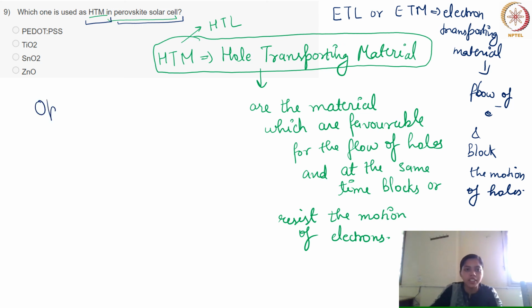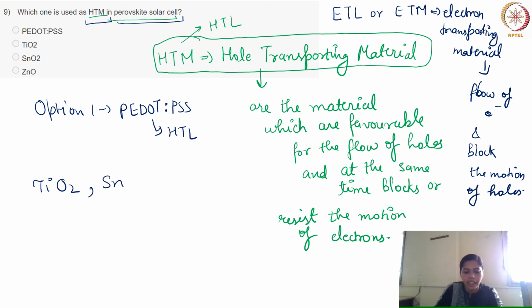So option number 1, which is PEDOT:PSS, is a famous or popularly known hole transporting layer, whereas the rest of these, which are TiO2, titanium dioxide, SnO2 and ZnO, all are the electron transporting layers, all are the ETLs.